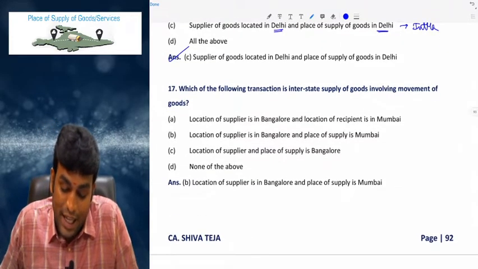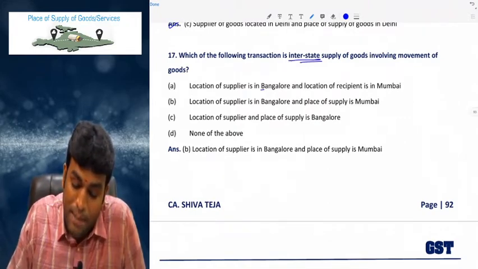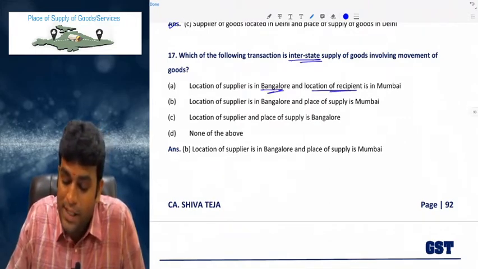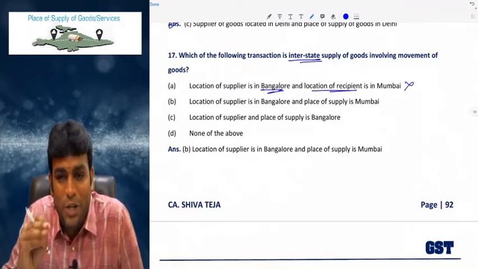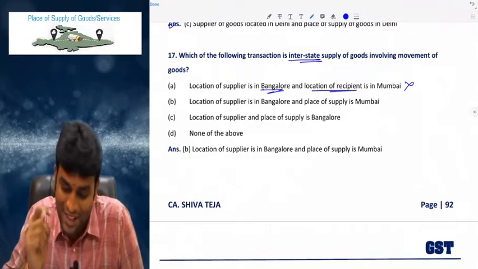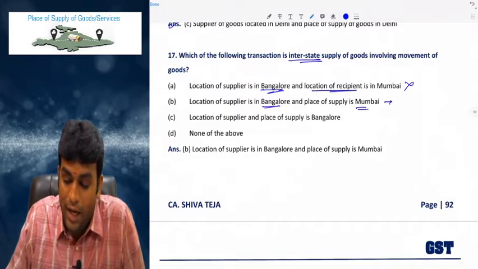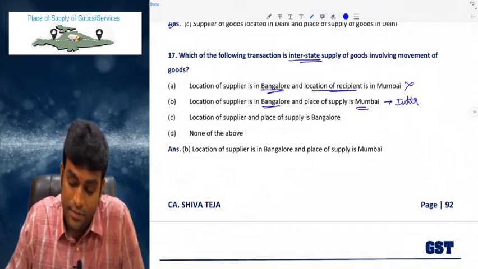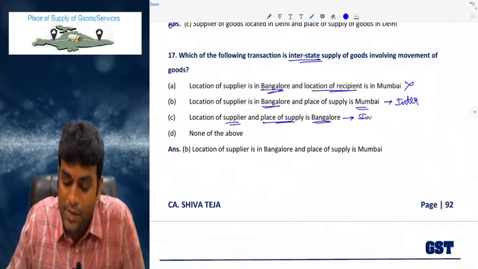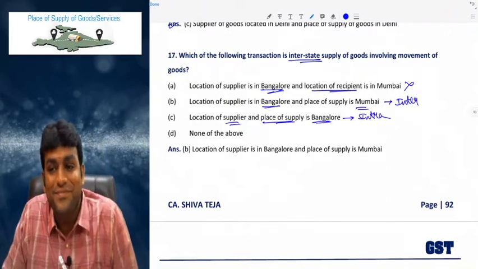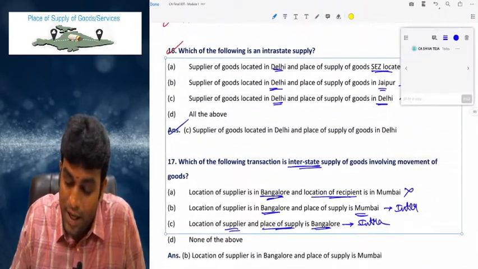Which of the following transactions is interstate supply? Location of supplier is in Bangalore. Location of recipient is in Mumbai. That is not relevant for us. What is relevant is only location of supplier and place of supply. Second, location of supplier is Bangalore, POS is Mumbai. 100% this is interstate. Location of supplier and POS both are in Bangalore. Then this becomes intrastate. Very scoring, guys. These kinds of questions will straight away come in the exam.